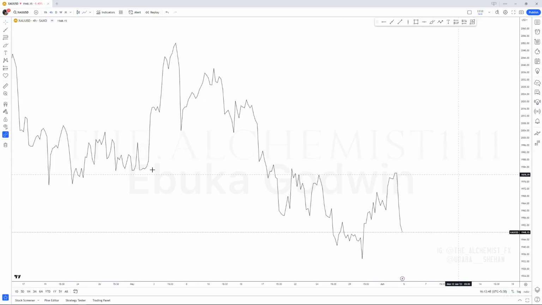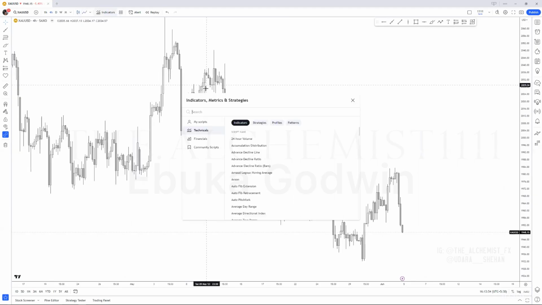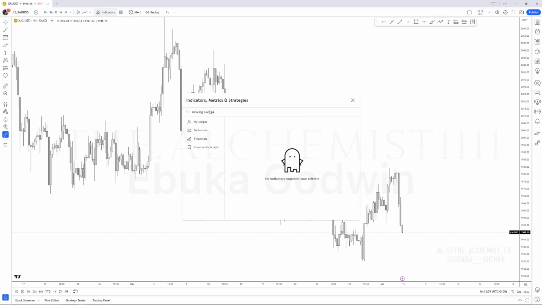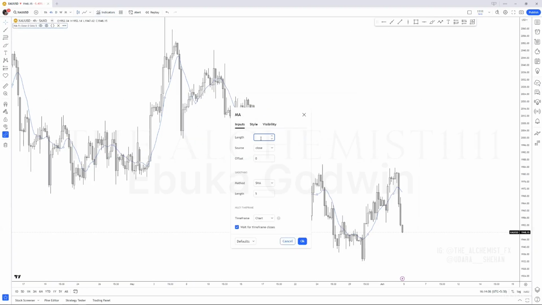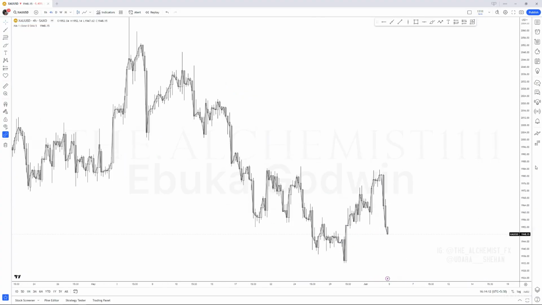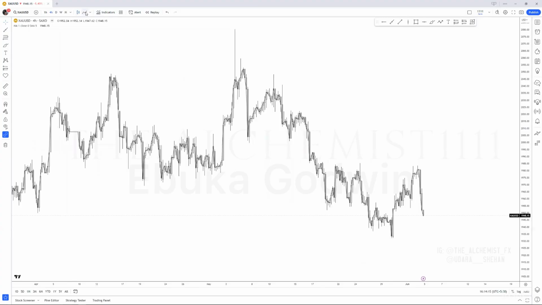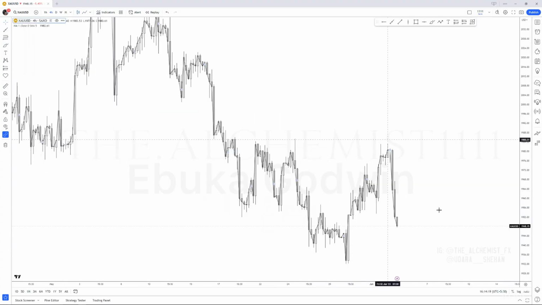And if you don't want to switch back and forth from candlesticks to line chart, what you could do is go to indicators, and you might know this already, take the moving average and set its length to 1. And there you go, you have the line chart on the candlestick chart itself. So if you don't want to go back and forth, this is what you could do. You have the line chart and the candlestick both together.